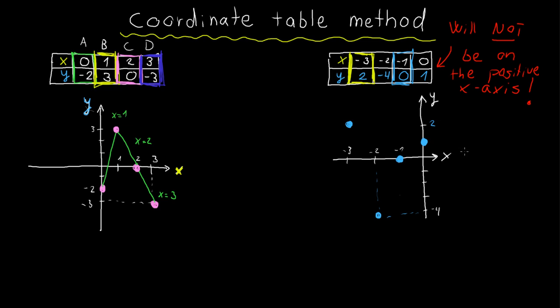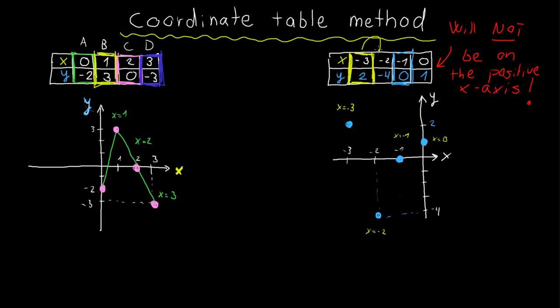How do we connect this? Again, we look at the points. We connect the point that is here, the point that is here, the point that is here. We're basically always connecting the neighboring columns.